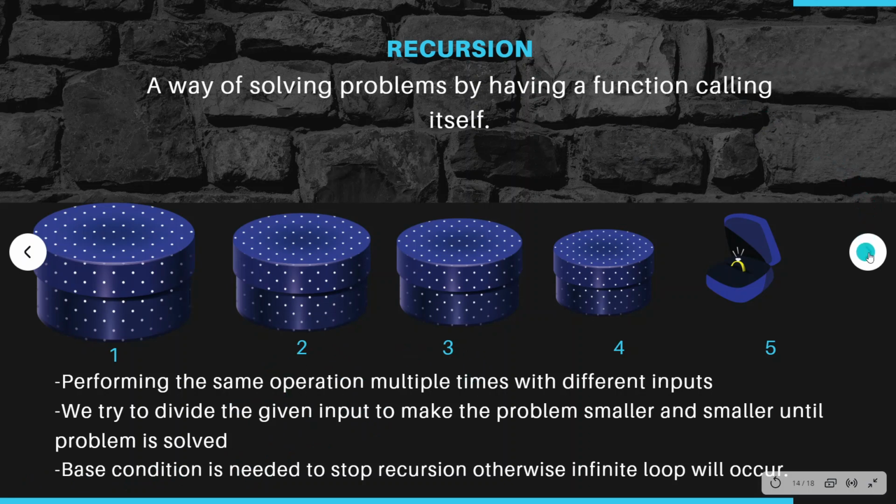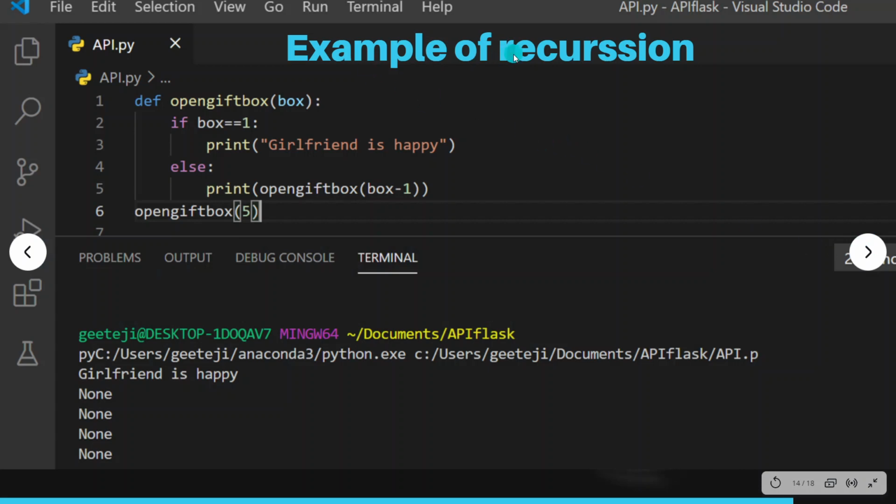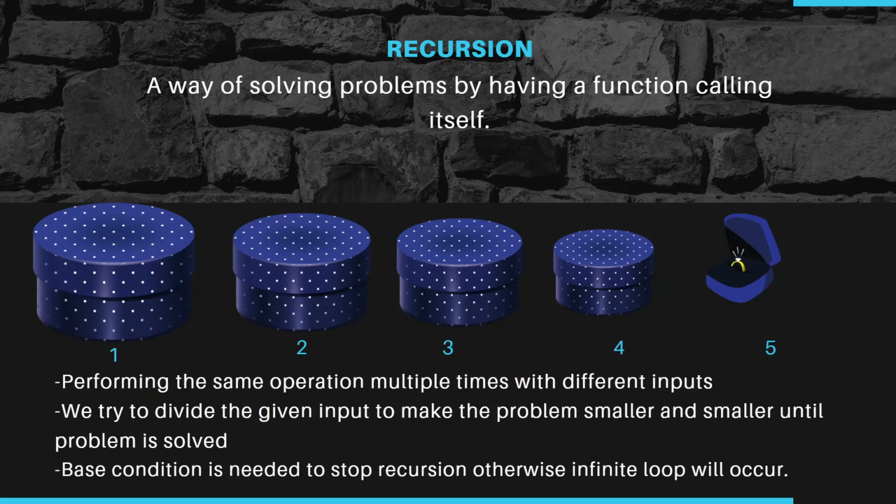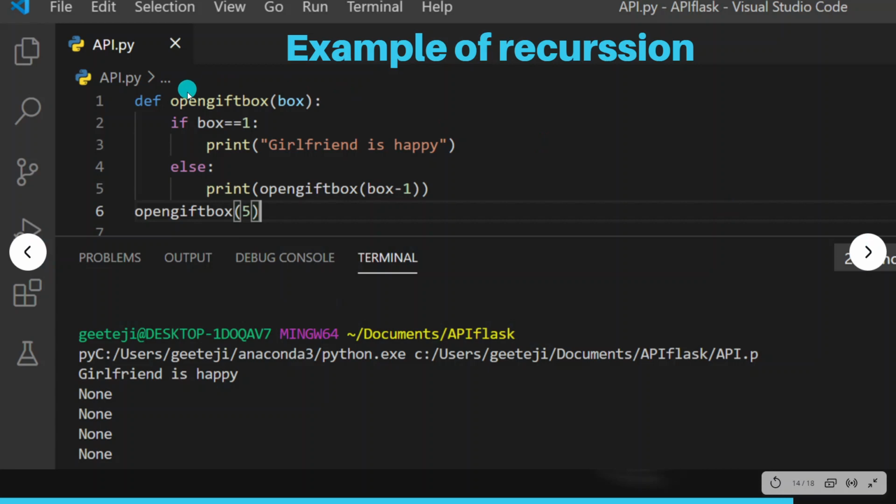Moving on to the next section, example of recursion. Here you will understand exactly how recursion works. So basically I have defined a function named open gift box. This is a program for the example of the previous slide. I defined a function named open gift box and given a base condition.